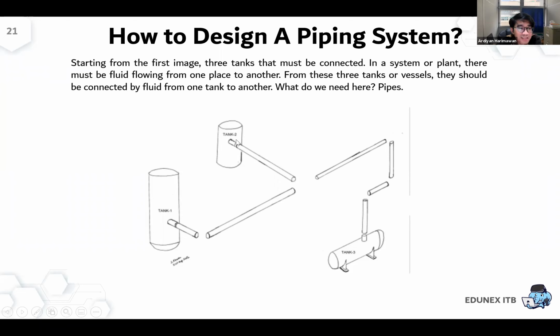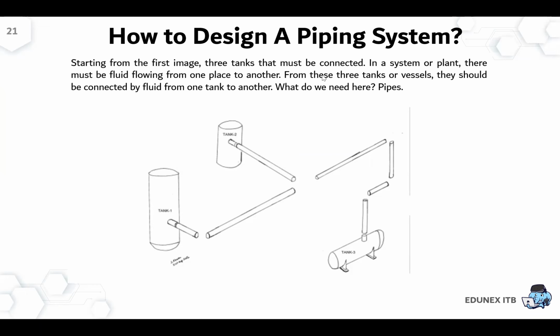how do you proceed? Any idea? Givari. Sorry, I'll start asking if you do not open your mic. Are you there? Do you have any idea, if you have a tank that you want to connect to another tank with a pipe, what will you do with the tank and the pipe?